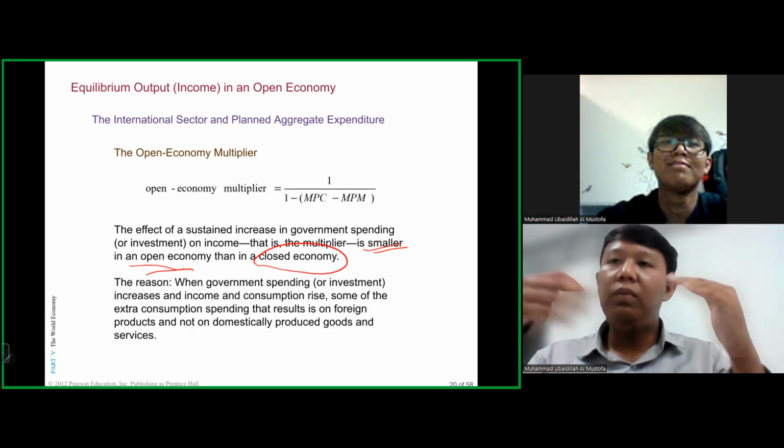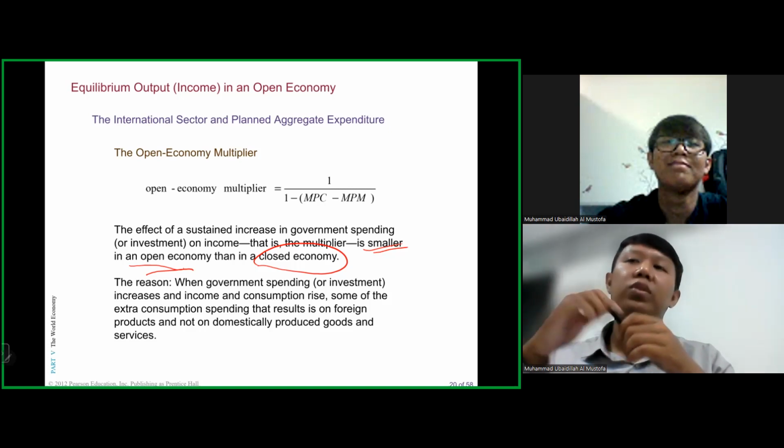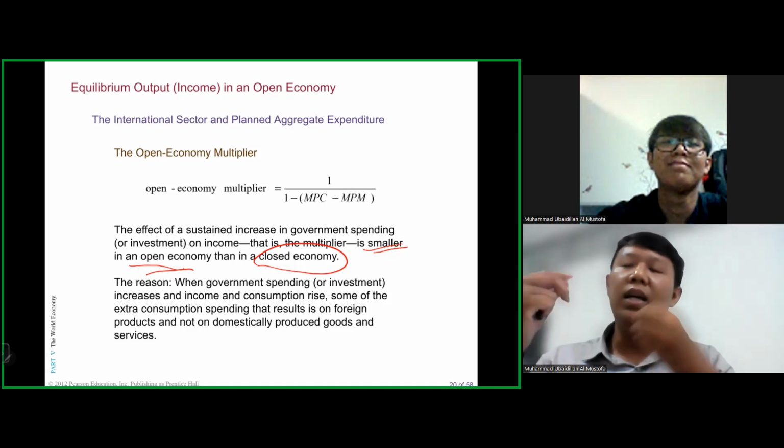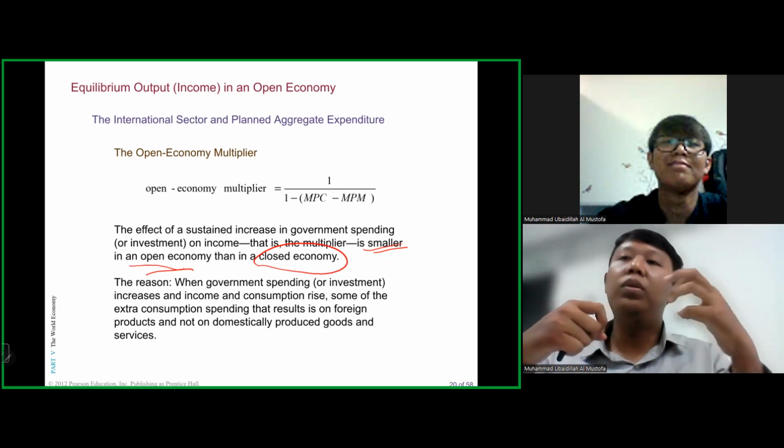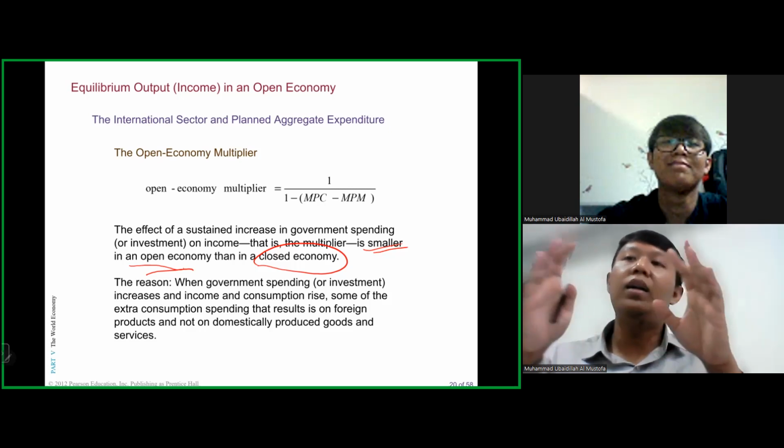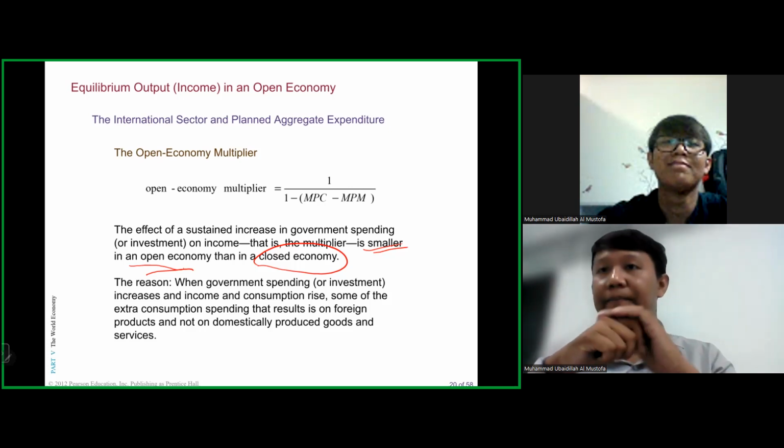Usually the policymaker will think that they should have the right policy to balance, so that the local industry is not destroyed by the many imported goods and services that are sold in the market.